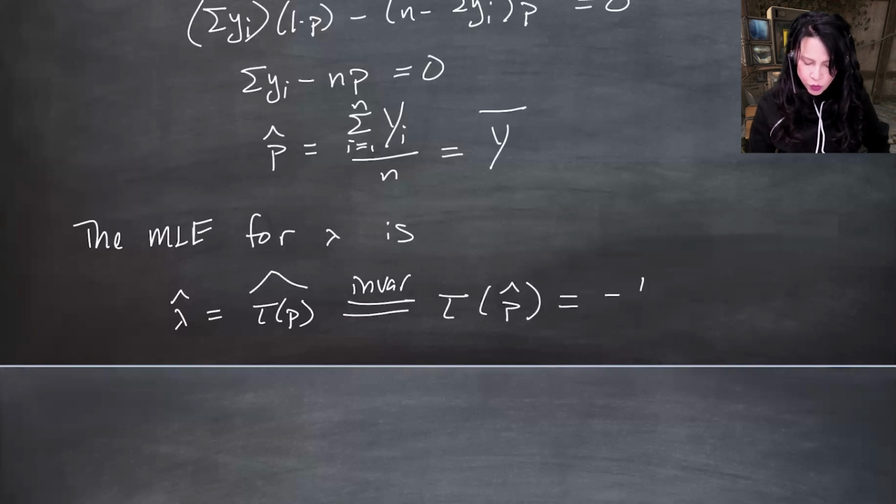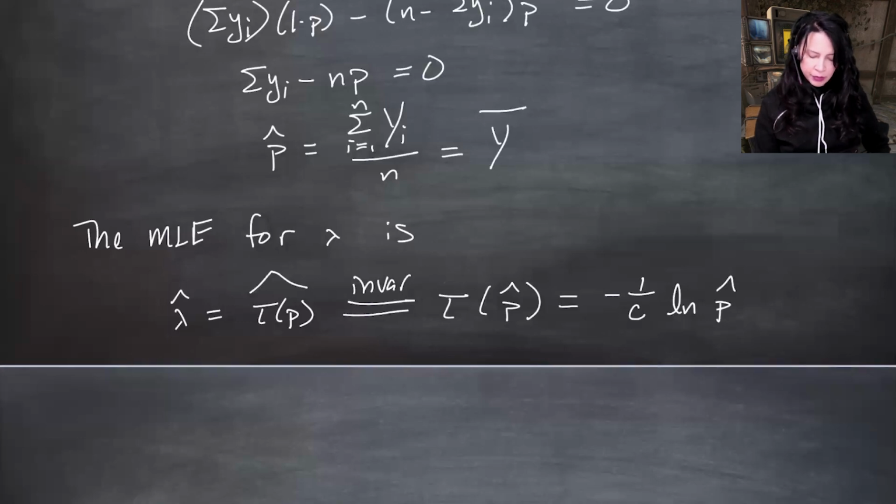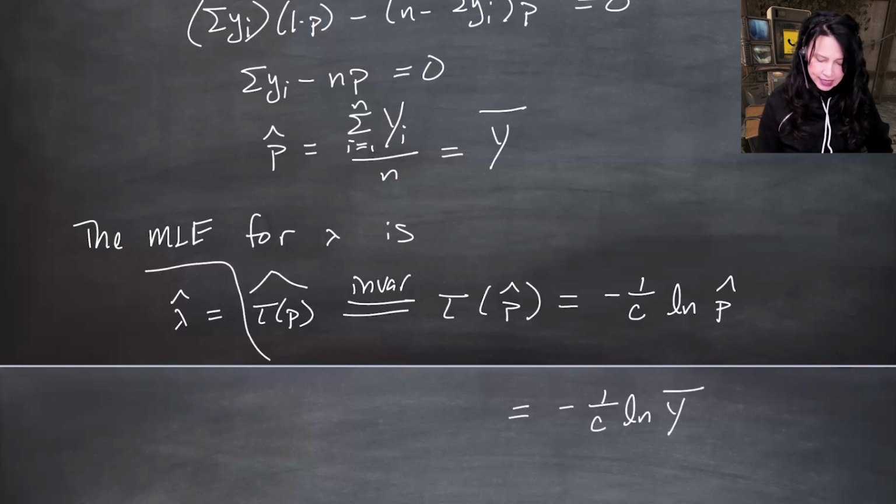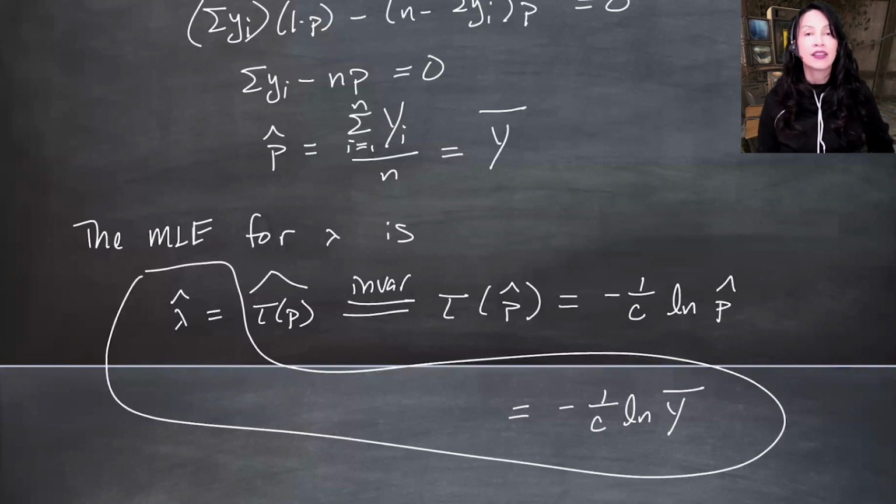This is negative 1 over C times the log of that P hat. And to be a little more specific, this is negative 1 over C times the log of Y bar. That is the MLE. It wasn't hard, but it was different.